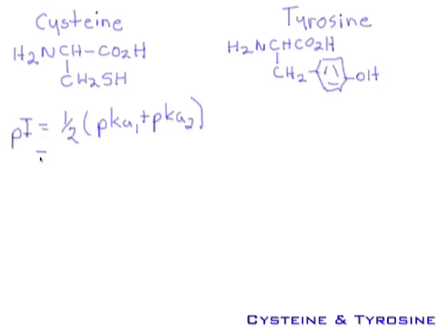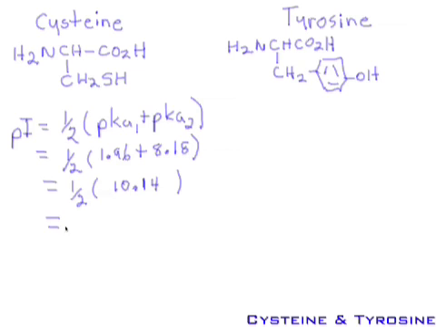You have to do the experiment. So such values would be given to you. Cysteine has pKa1 of 1.96 and a pKa2 of 8.18. If I add this together and solve, I get 10.14. 1/2 of that is 5.07.